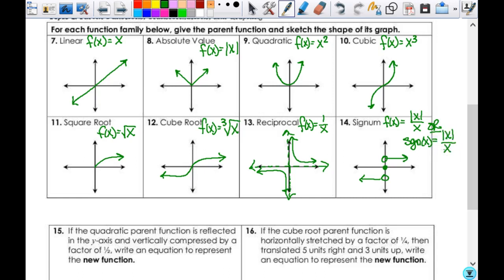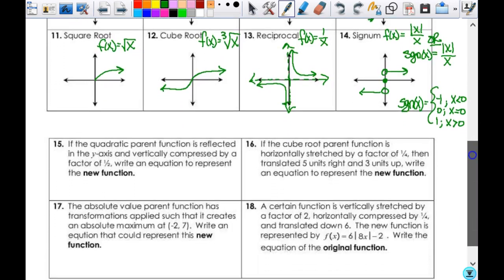You could also write this as a piecewise function and say it's equal to -1 when x is less than 0. It's equal to 0 when x equals 0. And it's equal to 1 when x is greater than 0. Any one of those is fine.